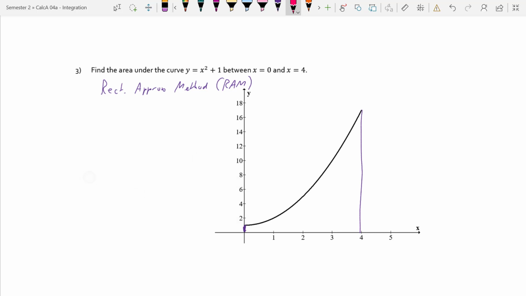We're going to do the first type, which is called the right rectangular approximation method, or RRAM. In the right rectangular approximation method, the top right of the rectangle is a point on the graph.